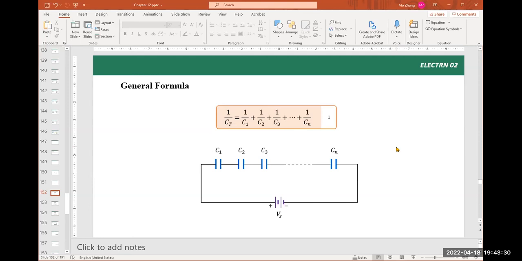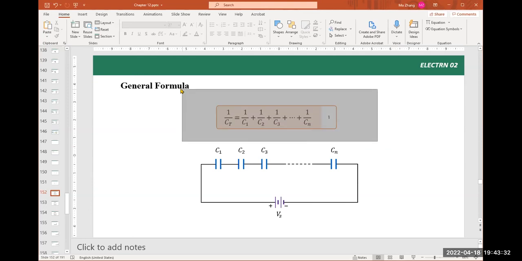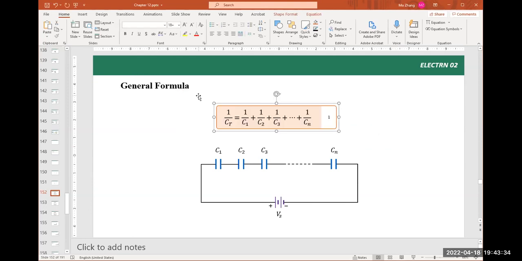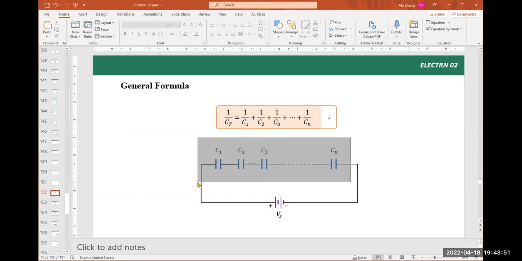Let's just know this is the formula to find the total capacitance if we have capacitors connected in series. This is opposite to resistors connected in series. When we have resistors connected in series, we add them up directly, and the sum of all the resistances is the total resistance. For capacitors it is different.